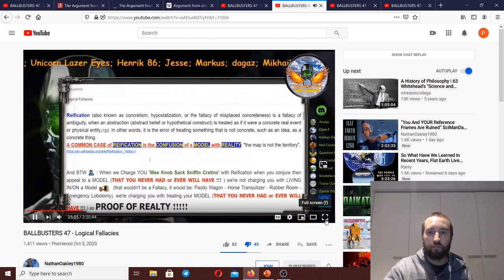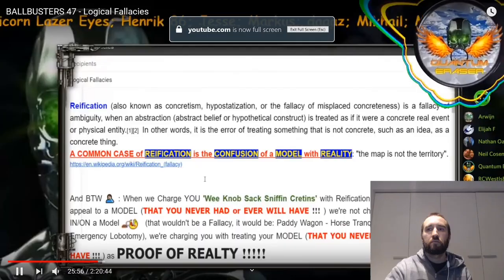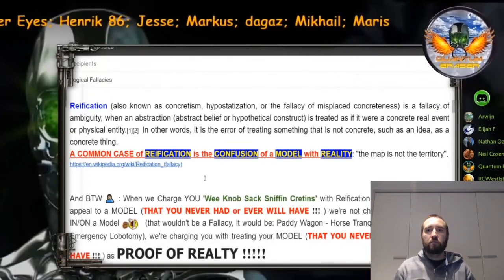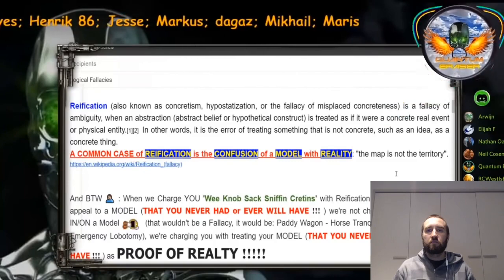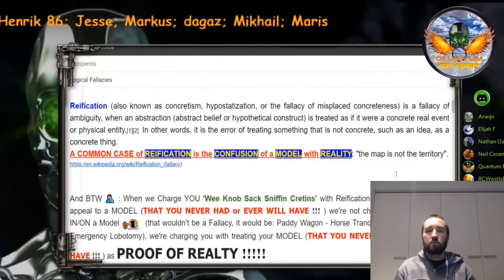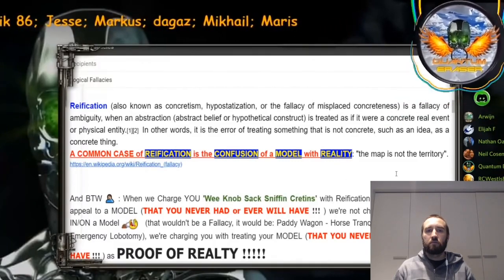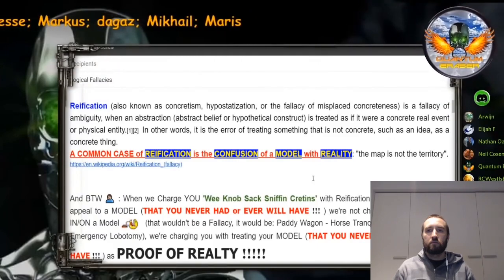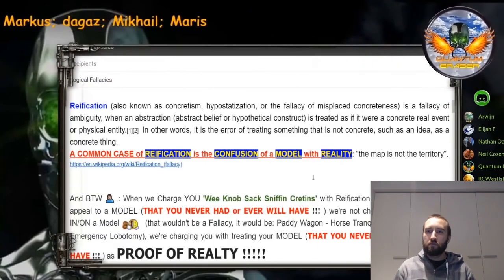So here's the biggest one. Again, reification, also known as concretism, hypostatization, shout out to Nathan, or the fallacy of misplaced concreteness, is a fallacy of ambiguity. When an abstraction, that is an abstract belief or hypothetical construct, is treated as if it were a concrete, real event or physical entity.